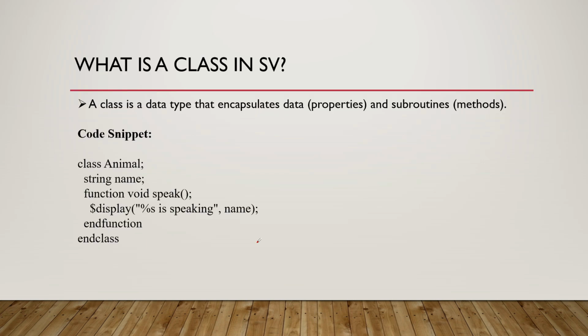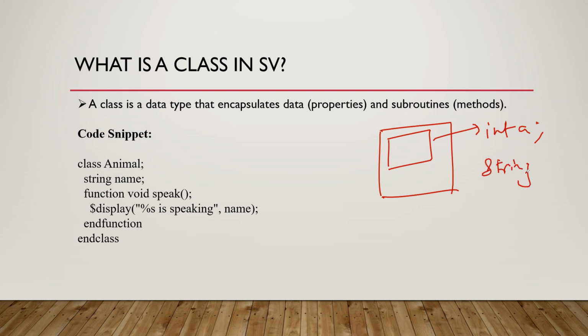So what is a class in SV? Let me give you a simple example. Suppose you have one wrapper, and inside the wrapper you are writing some properties, or variables. Let's say you have written int a and string b.